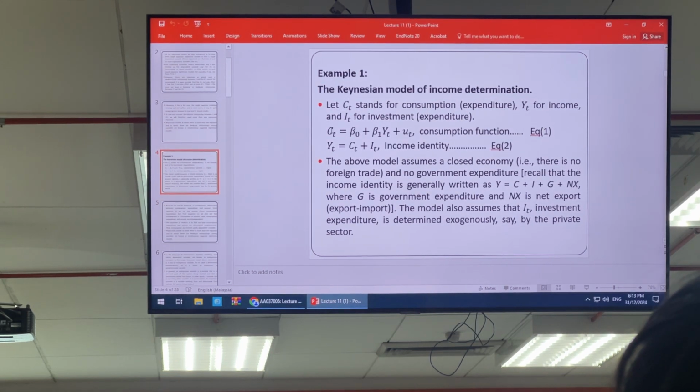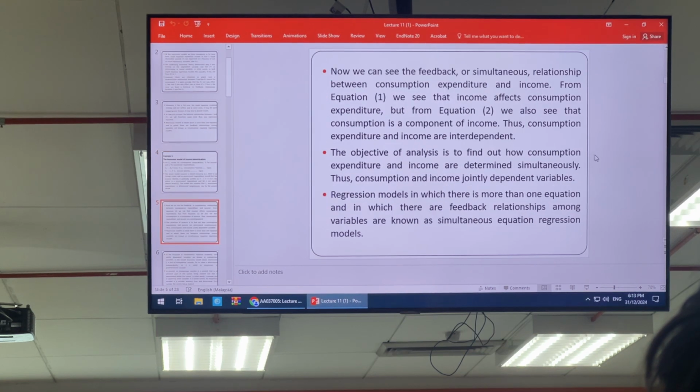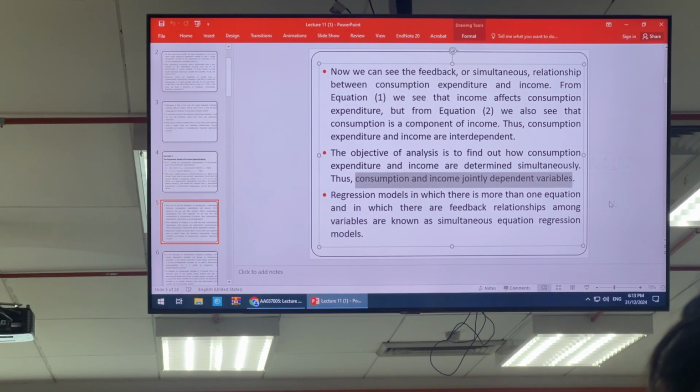In the first equation, consumption is the dependent variable. In the second equation, income is the dependent variable. So consumption and income are jointly dependent variables. A regression model in which there is more than one equation and in which there are feedback relationships among variables is known as a simultaneous equation regression model.